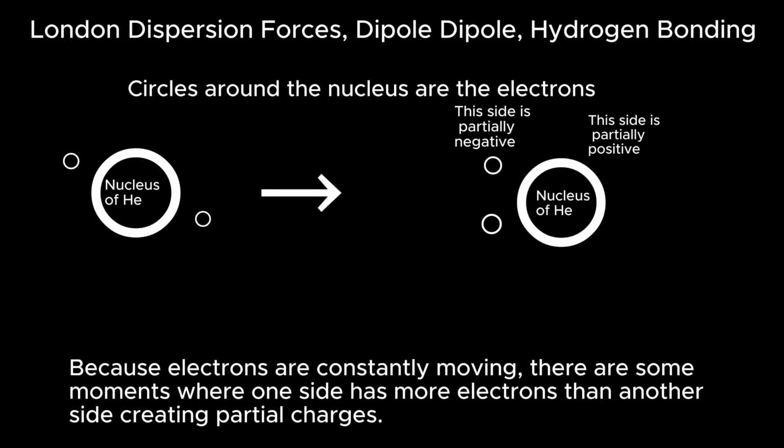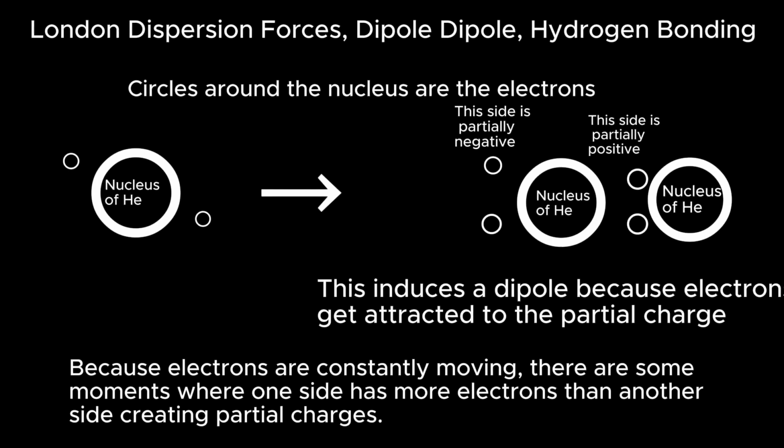And this can induce another dipole in another atom. Now, what do I mean by that? Well, look, one side of the helium atom is partially negative, and one side is partially positive. Let's put another helium atom next to the partially positive side.